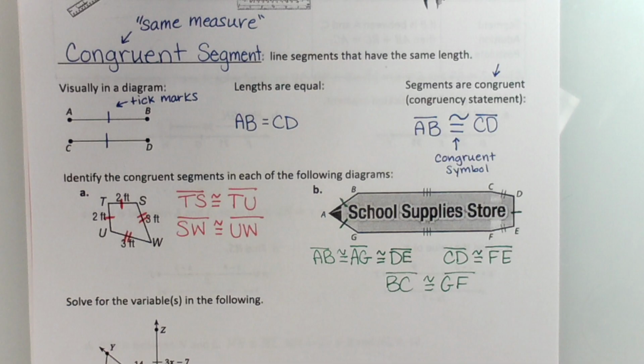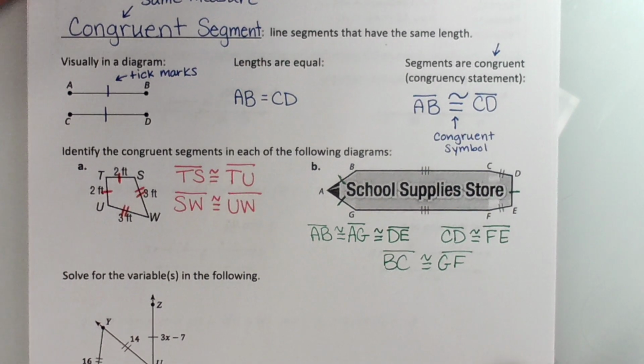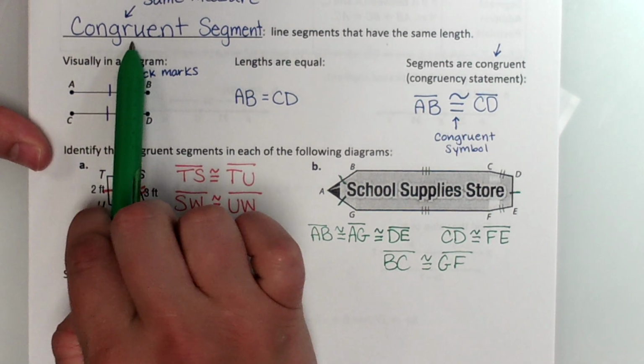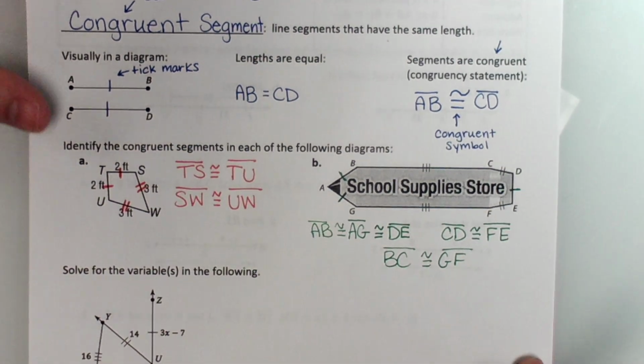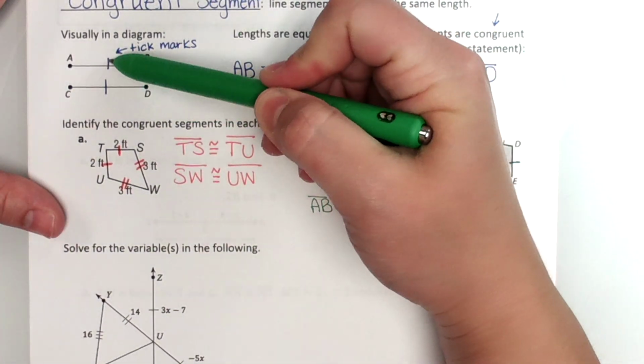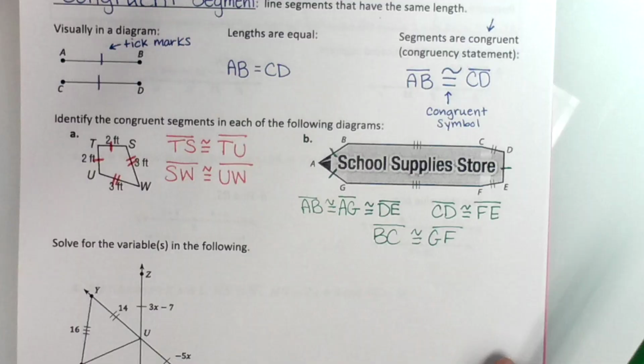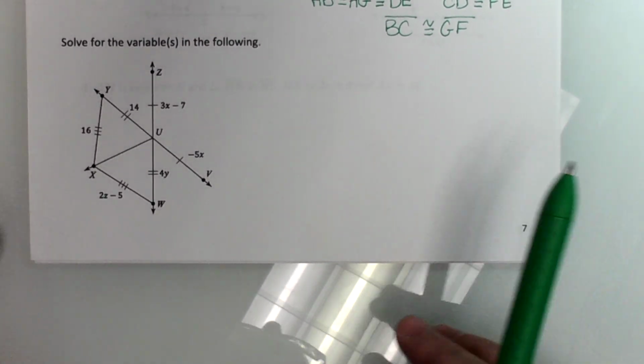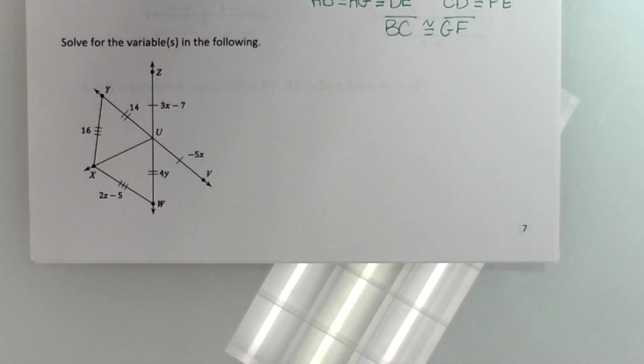When we talk about measurements in here, we're often dealing with diagrams that represent a certain length, not that you could take a ruler and measure them. So, if congruent means having the same measure, and we can see congruent in pictures by tick marks, one of the things that allows us to do is solve for things.